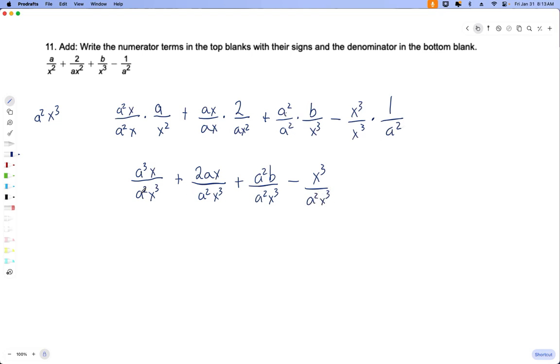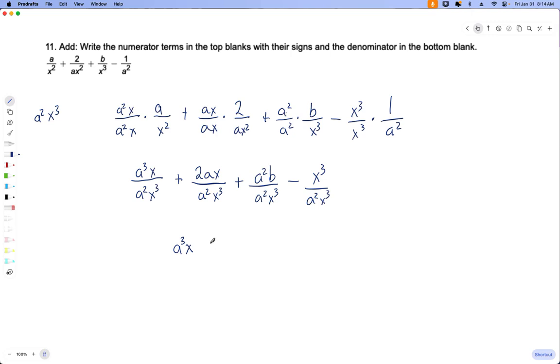Now we have a common denominator. Everything matches. So that means we can combine the values on the top. So what we would do in the top is just write these values. So we would have a blank in the top that says a cubed x.